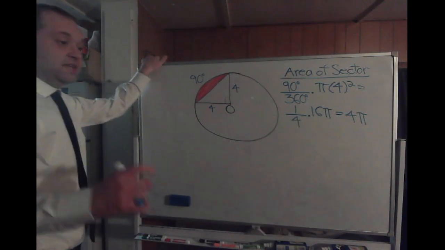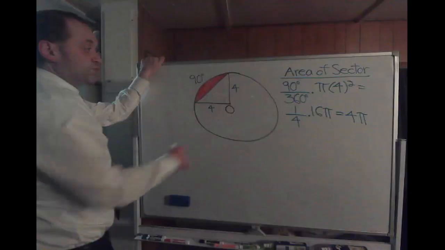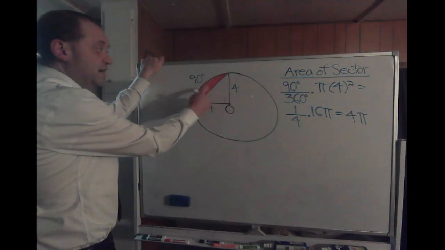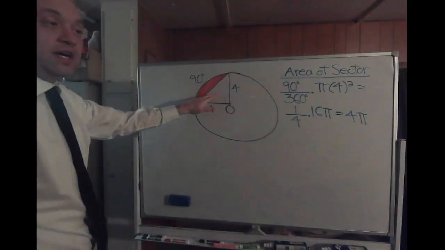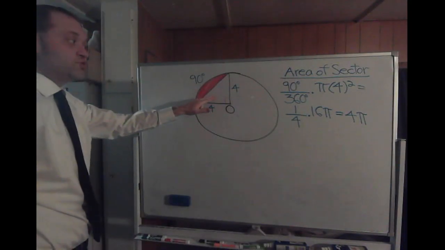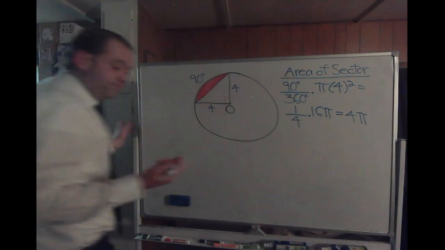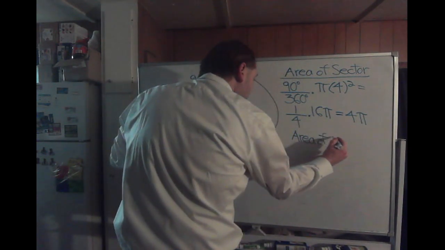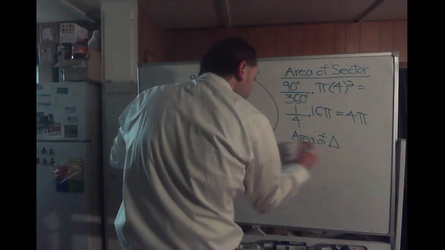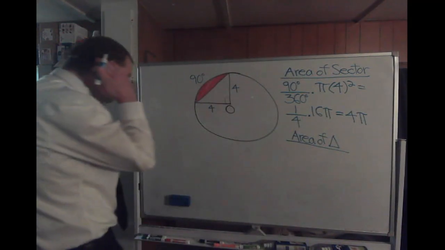But we're not finding the area of the whole sector. If you look at this, it's the area of the sector minus the area of the triangle, right? Because the triangle's not shaded, so you have to subtract the area of the triangle. Well, let's go through and find the area of the triangle. This one should be easy.